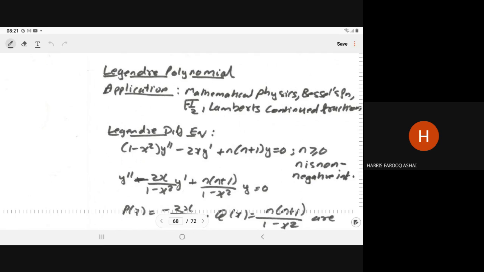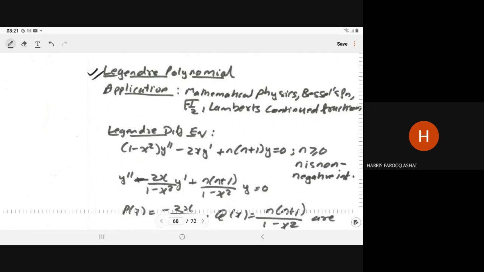Now, many times you have heard this term. What is the Legendre equation? What is the Bessel equation? What is the Hermite equation? Chebyshev equation? In chapter 16, section 16 also you have studied, or in section 28 also. So Legendre polynomial from the application point of view is very important. Legendre and Bessel equations are very important.